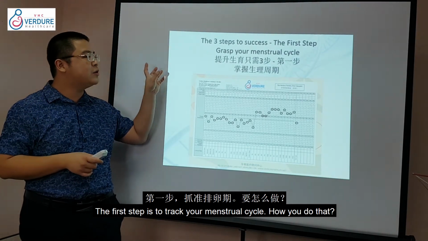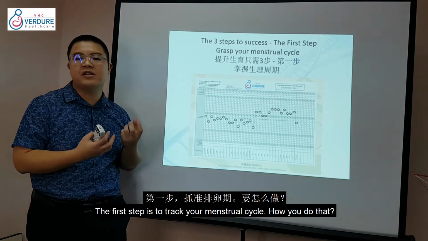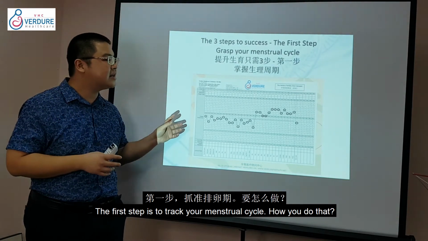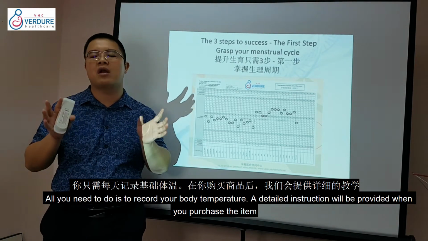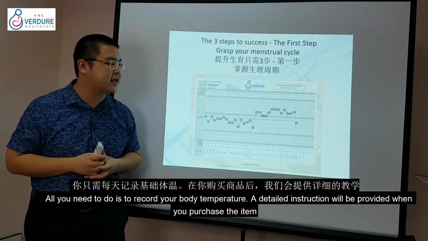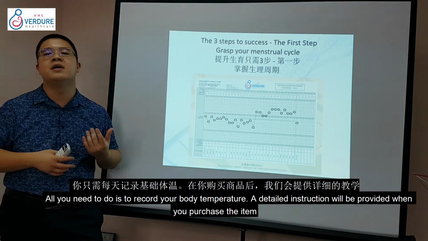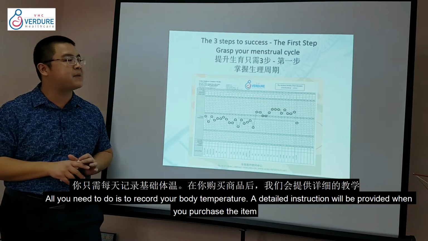First of all, when you are predicting your ovulation, how do you do that? Basically, all you need to do is just record your menstrual cycle. There will be detailed information on how to do it when you purchase this package.